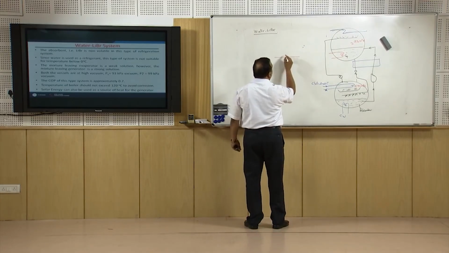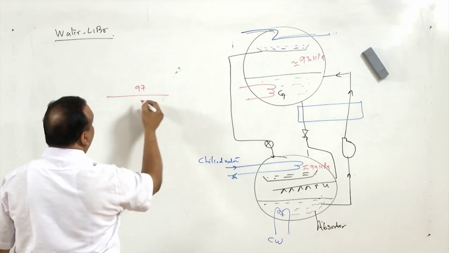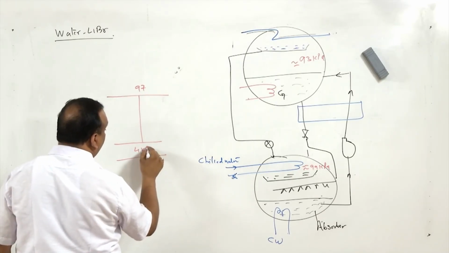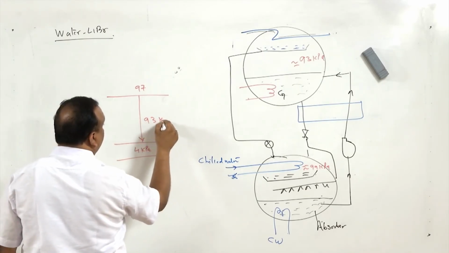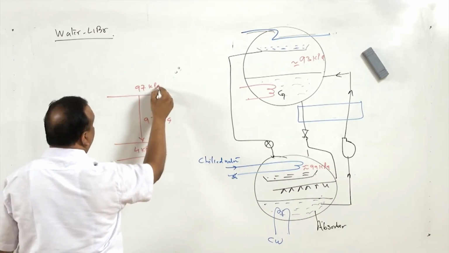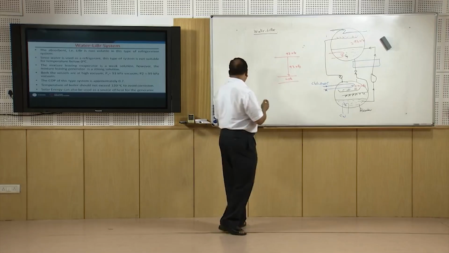If atmospheric pressure is, let us say, 97, so 93 vacuum means it has only 4 kilopascal absolute pressure. And here you can see 99 kilopascal, it is almost 0, vacuum is very high.